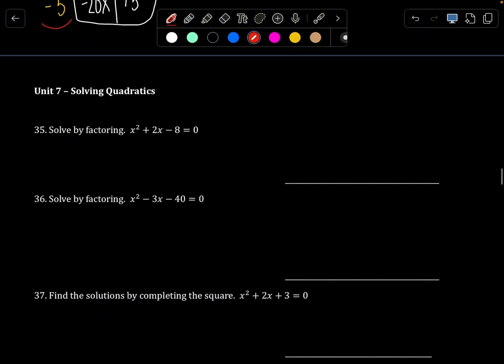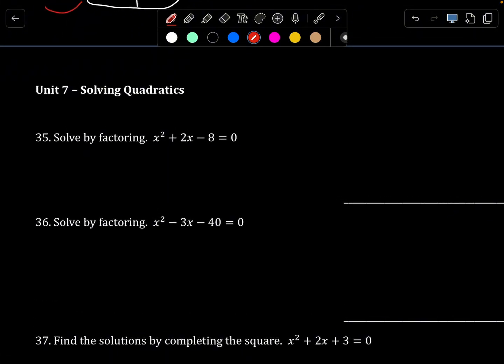Now we've gone to unit 7. My goal is to get to number 40. So let's get started. Solving quadratics is easy as long as you know how to factor, right? So solve by factoring. Again, 3 terms, x and then box. -8 and 2. This is 4 times 2.